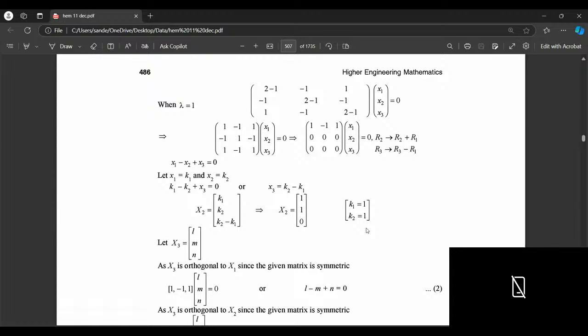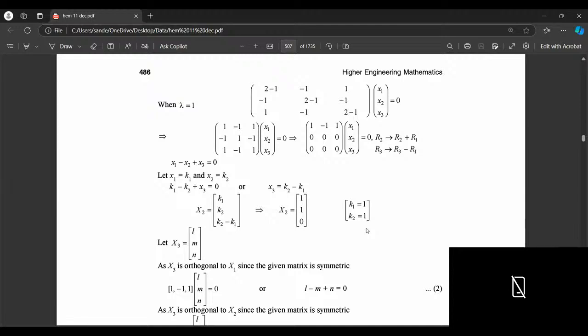Definitely x1, x2, and x3 are non-zero. Your one equation, after substituting lambda equal to 1, is x1 - x2 + x3 equal to 0.